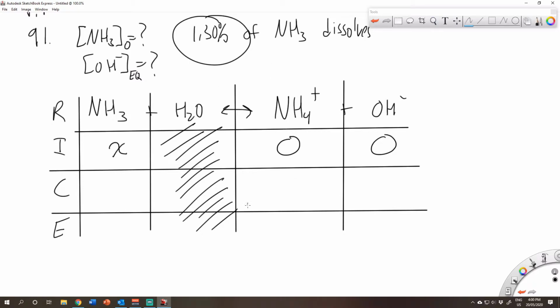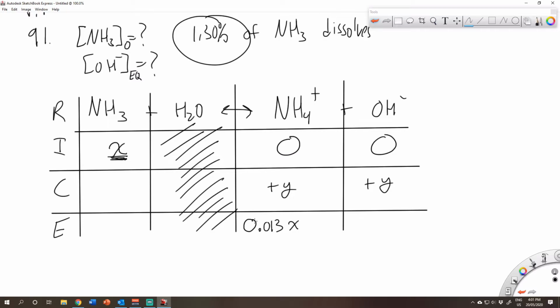This means I'm going to get this much NH4 plus, because 1.3% of the original amount will dissolve into NH4 plus. Now, because of the way the reaction is arranged, the change here, plus Y, and this change here have to be the same based on the reaction equation.